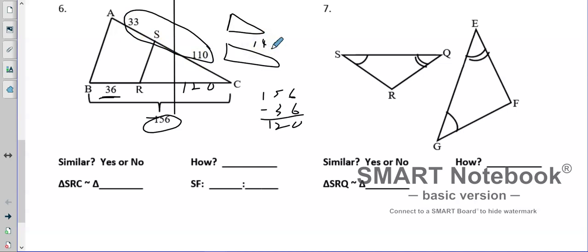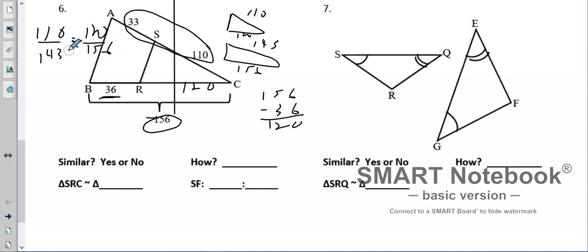And the small triangle, we already know is 156. Okay? And the small triangle is clearly 110 and 120. So if we set up our fraction, 110 over 143 equal to 120 over 156.